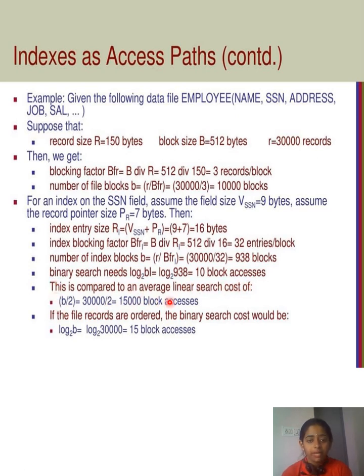This is compared to an average linear search cost of 15,000 block accesses. If the file records are ordered, the binary search cost would be 15 block accesses.